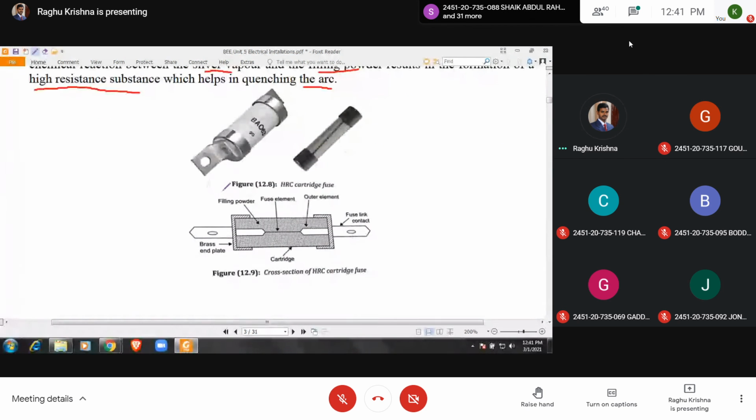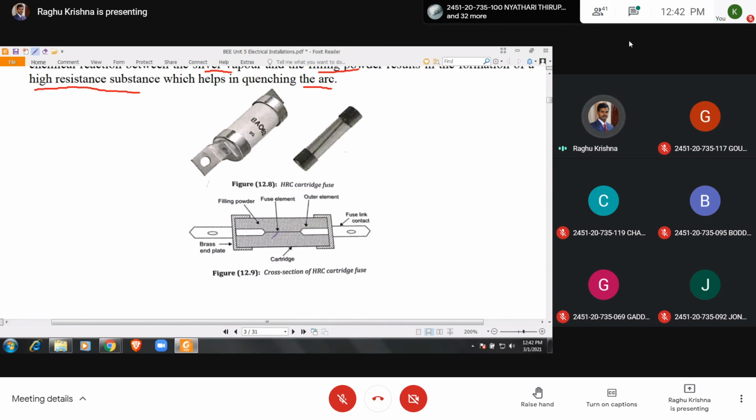See here, you have the fuse element. When an overcurrent flows, the fuse element melts and evaporates. So there is an arc formation between the contacts, and that arc can be eliminated by the formation of a high resistance substance.